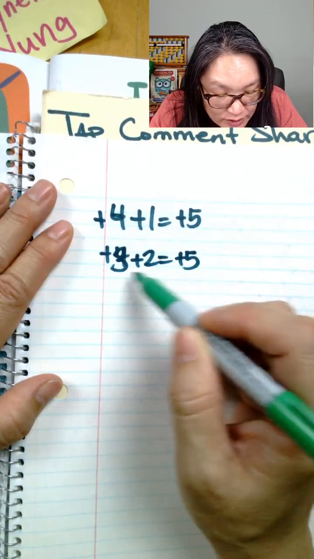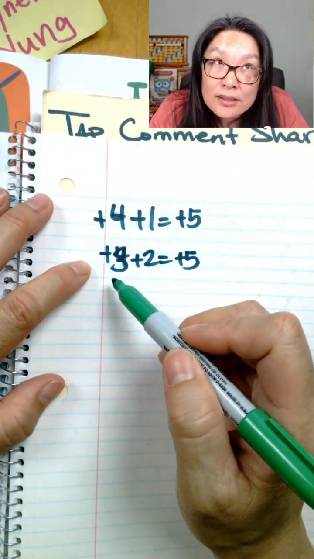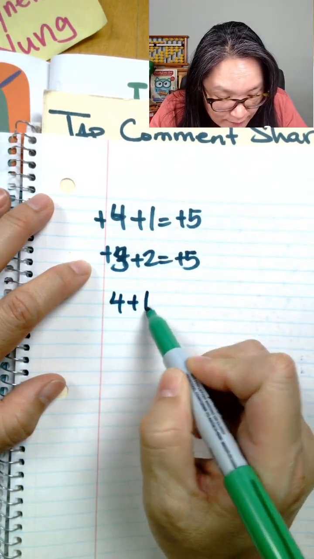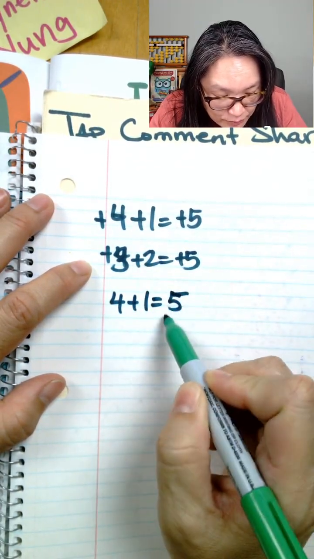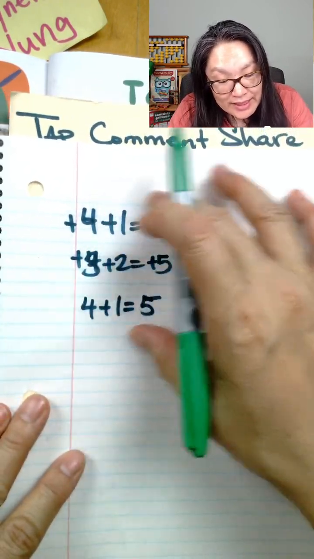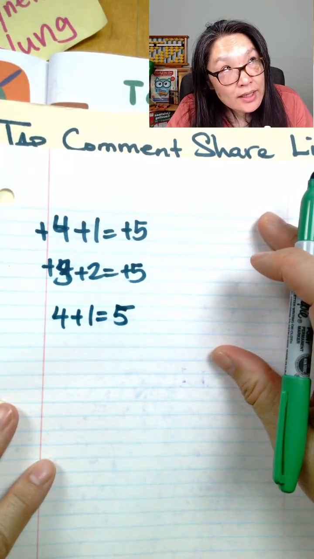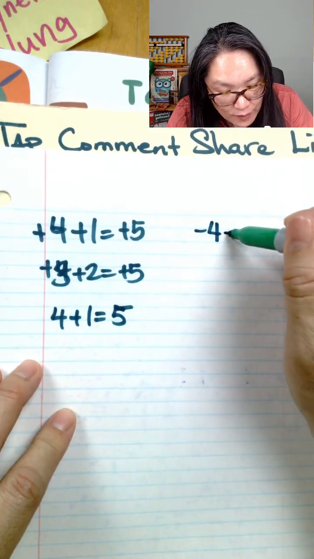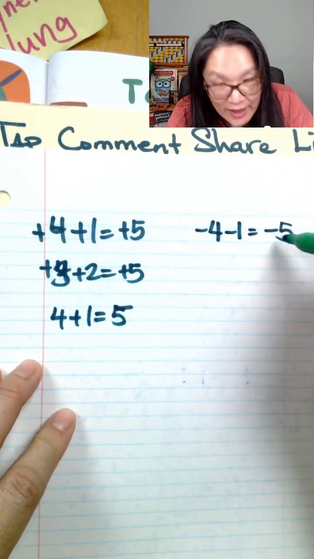It's supposed to be assumed that these are pluses. But then we would have to explain the other side, which is the inverse. What does that mean? Well, minus 4 minus 1 equals minus 5.